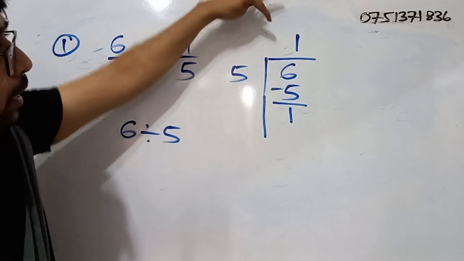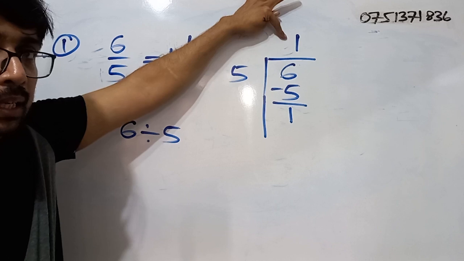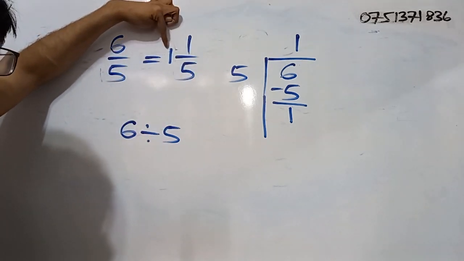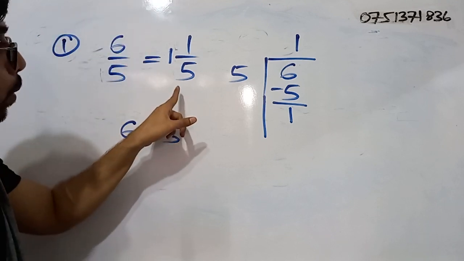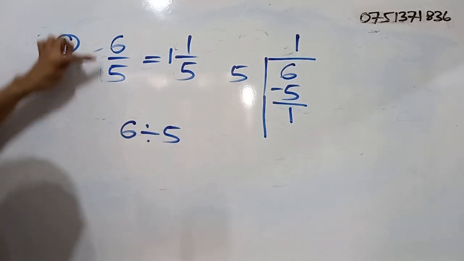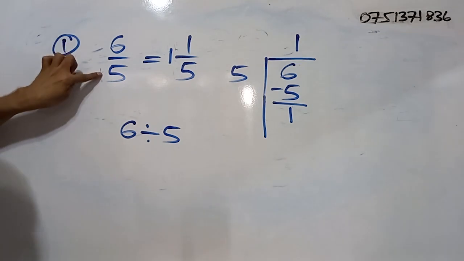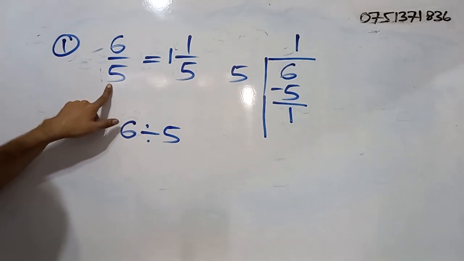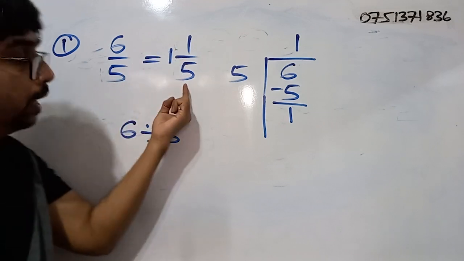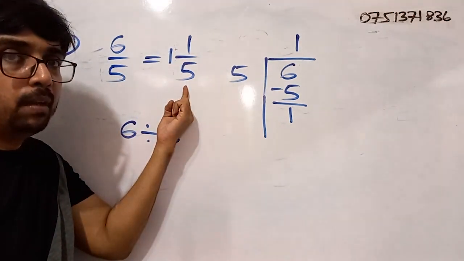So there, this is the quotient. So the whole number part will always be what? The quotient. Right? So the denominator will be the same. So we have 6 by 5. Here the denominator is 5. When we convert this into a mixed number, there also the denominator will be 5.